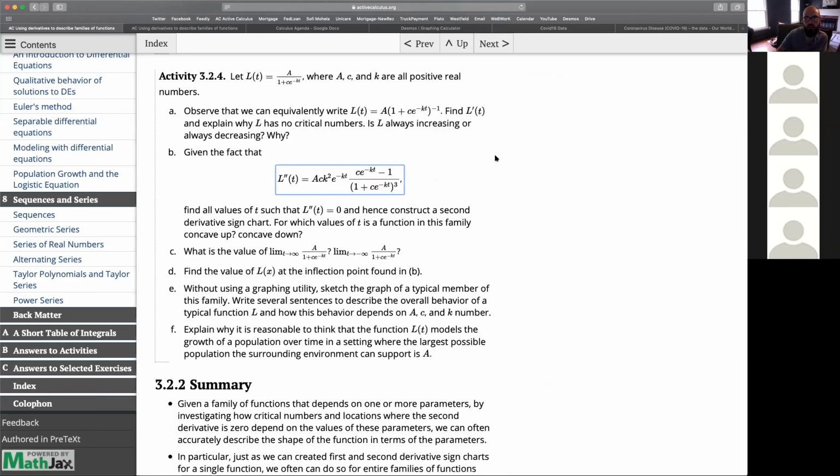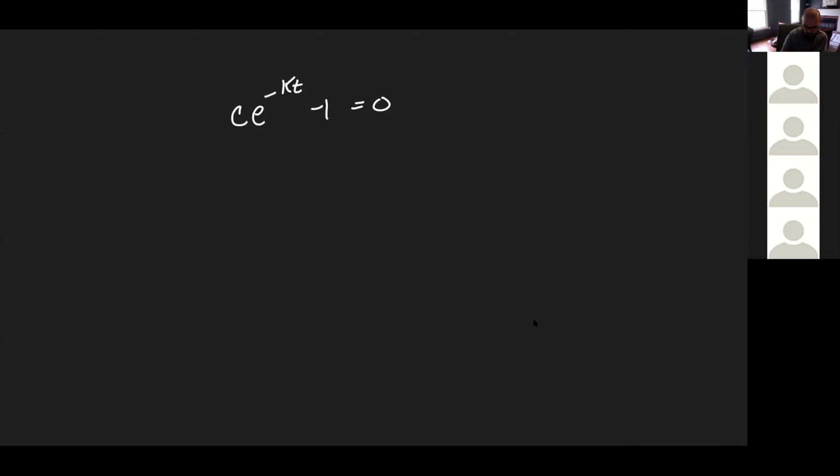Okay, so let's jump back over and look at our Blackboard and see where that function is equal to 0. So we have C e to the minus kt minus 1 is equal to 0. So C e to the minus kt is equal to 1, or e to the minus kt is equal to 1 over c.